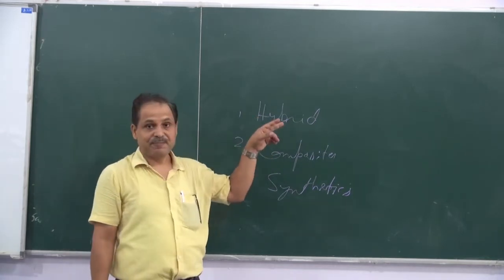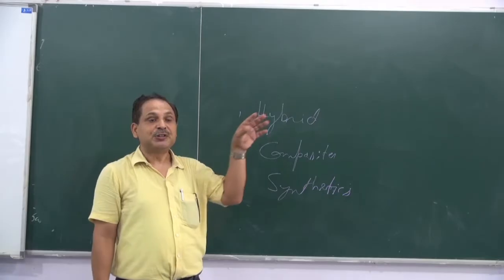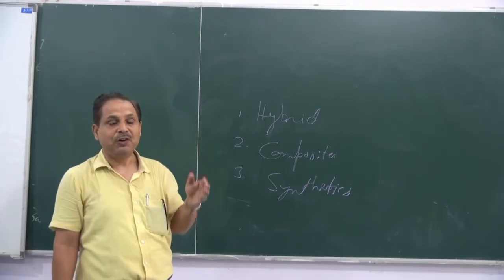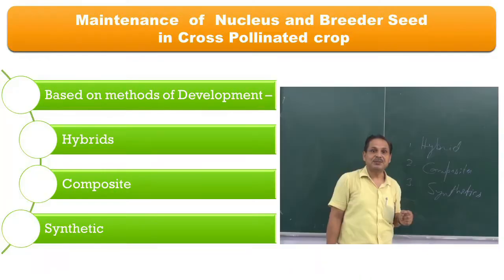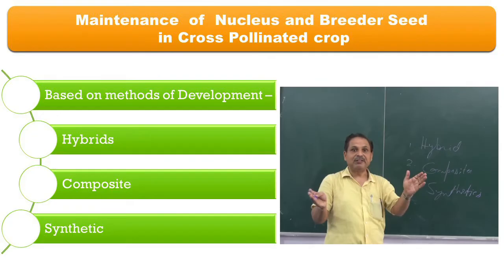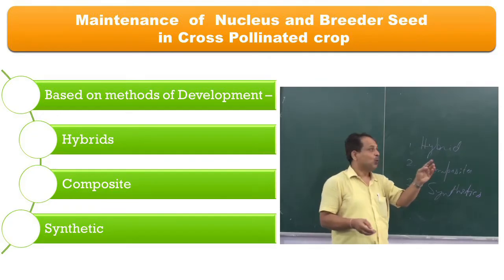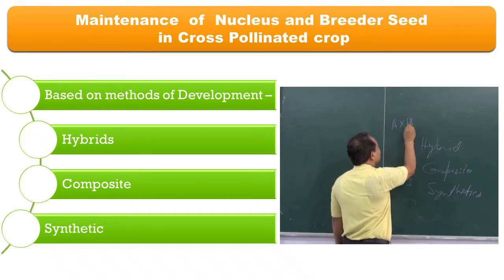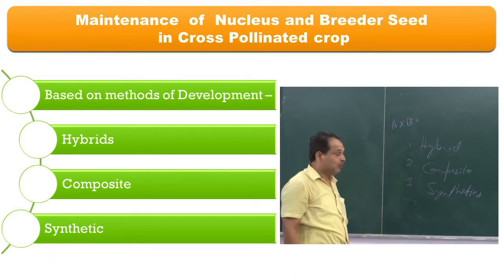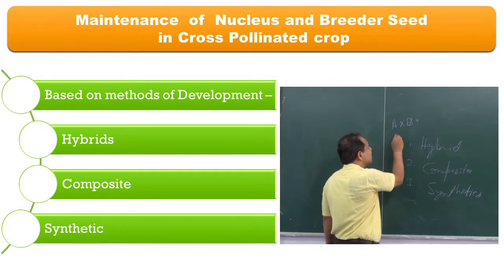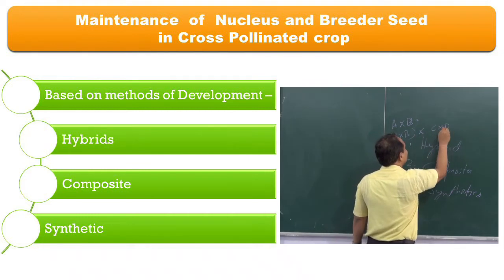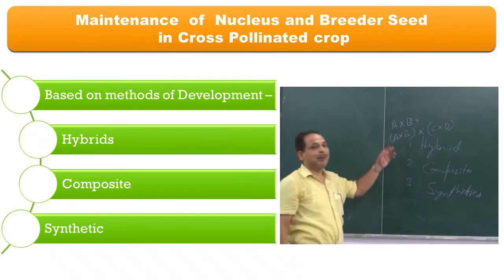So this may be single cross hybrids or double cross hybrids. We already studied these in third semester. In single cross hybrids, we use two parents, A into B, and the product is the single cross hybrid. In double cross hybrids, the F1 of A into B is crossed with C into D. Here we use 4 parents.